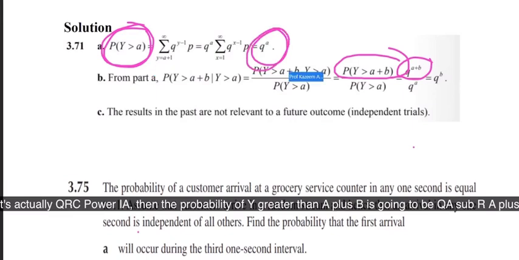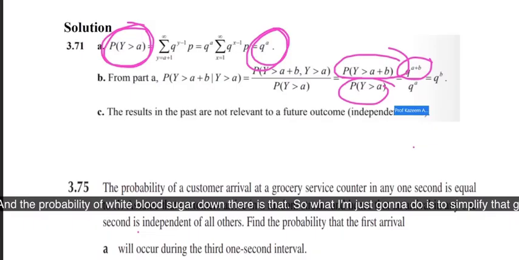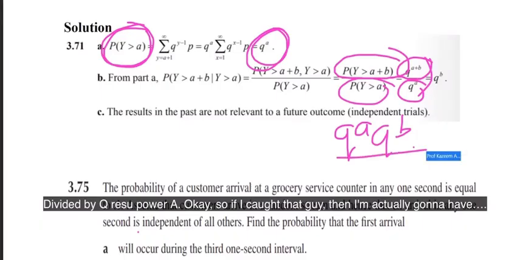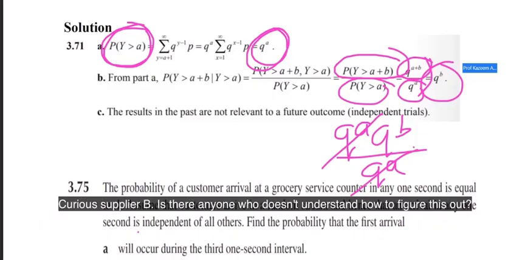Then the probability of y greater than a plus b is going to be q raised to power a plus b. So all I'm going to do is simplify that. This can be written as q raised to power a, q raised to power b, divided by q raised to power a. If I cancel that, I'm going to have q raised to power b.